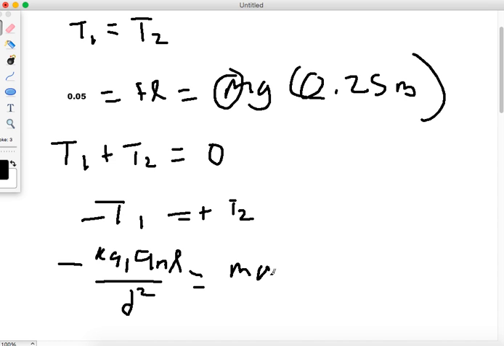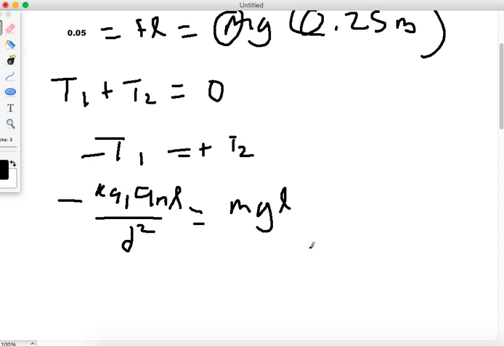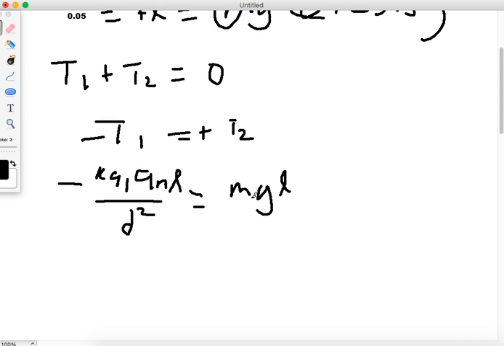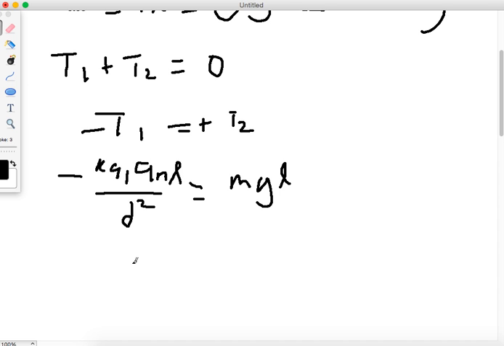So it's mg, and we found m in the previous problem, times L prime. Then we can solve for Qn. Qn equals minus mg L prime D squared over K Q1 L. This is L prime, which is 0.25.